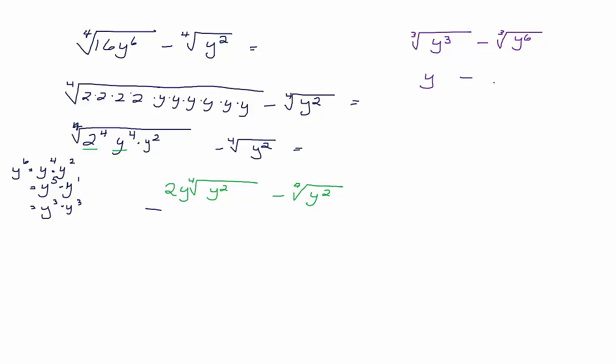And this is going to be y squared. Why is it y squared? It's because if we have the cubed root of y to the sixth, we have y to the 2, y to the 2, y to the 2. Or, rules of exponents. So we can't simplify this one down any further either.